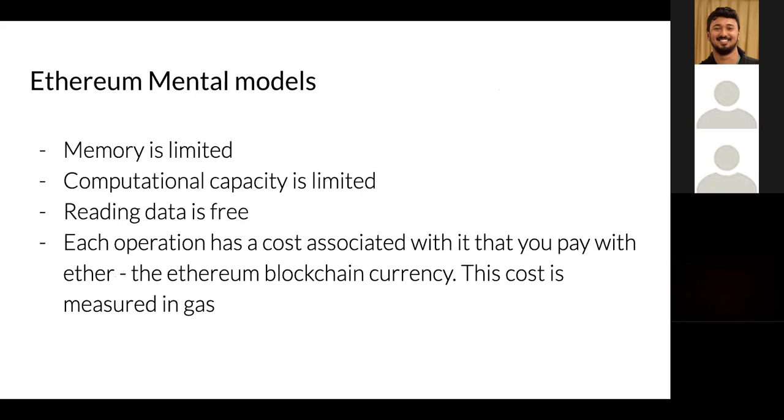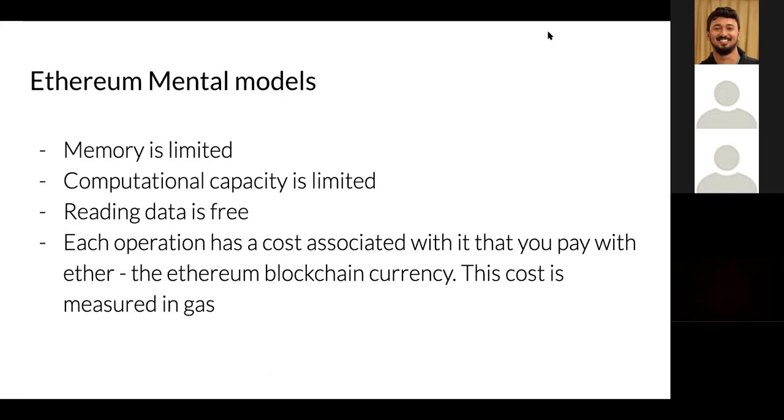Reading data is free. Say you want to check the balance of your account, that is a read. There is no write operation in it. So that is free. For every write operation on a blockchain, you have to pay some cost. We call it gas fees. We have to pay fees to make any write operation on it.